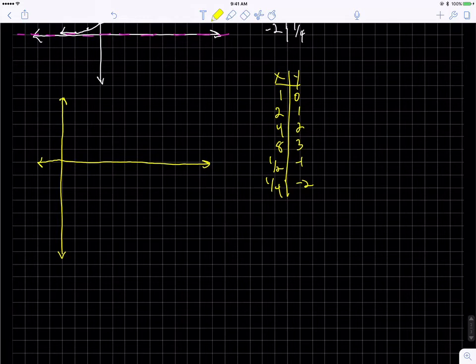So 1, 0, 2, 1, 4, 2, 8, 3, 1/2, negative 1, 1/4, negative 2. So the graph looks like that, sort of.